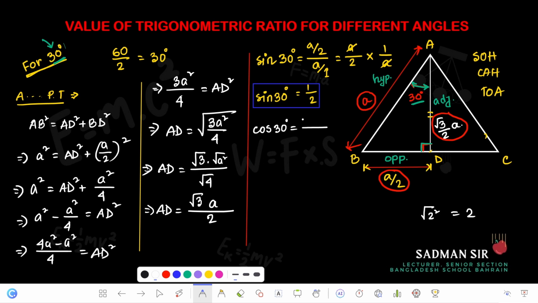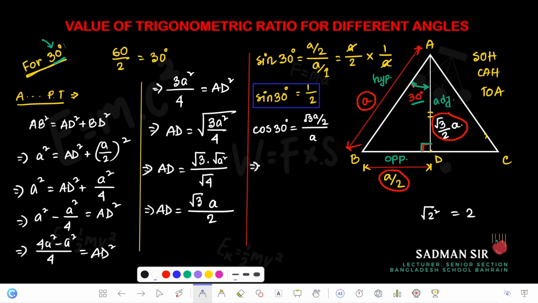Here I'm trying to find out. So cos 30 is adjacent by hypotenuse. Which one is adjacent? We have our adjacent here, root 3 by 2, root 3a divided by 2, and then we have hypotenuse, that is a.